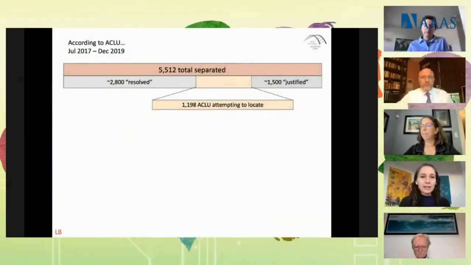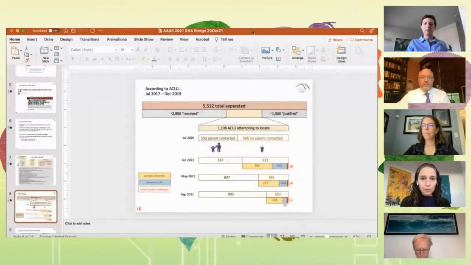So as Sarah explained, under the Trump administration's zero tolerance policy from 2017 to 2019, following numbers that are available through a class action lawsuit by the ACLU, we know that there were 5,512 total separations.